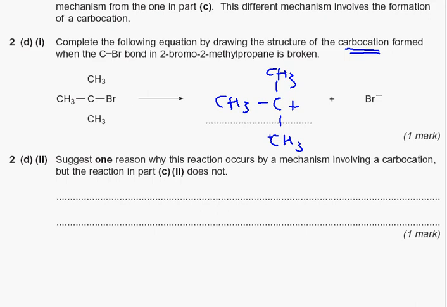Okay, 2D2: suggest one reason why this reaction occurs by a mechanism involving a carbocation, but the reaction in part C does not. The real reason is because this is a tertiary carbocation. What do I mean by tertiary?